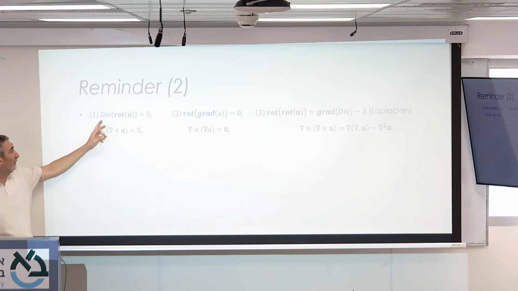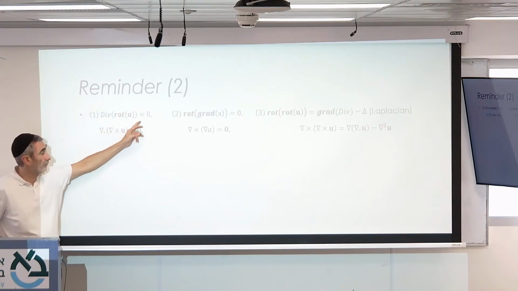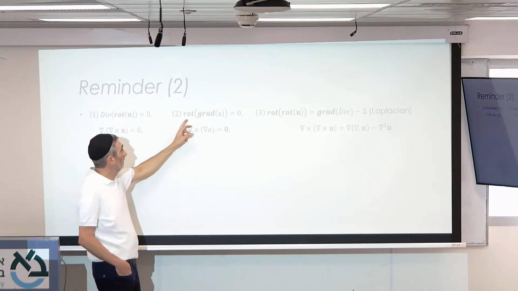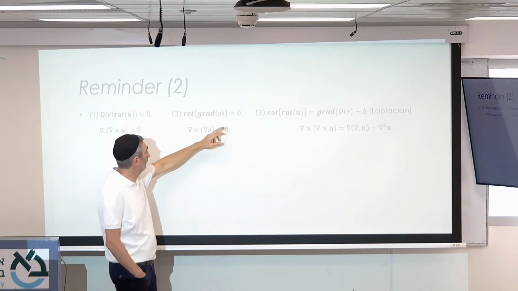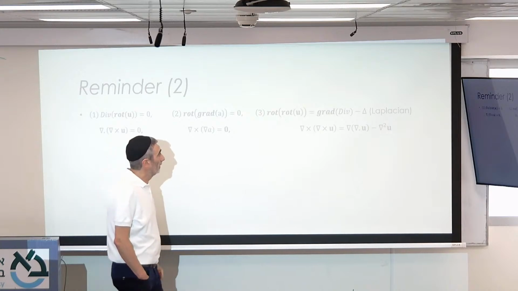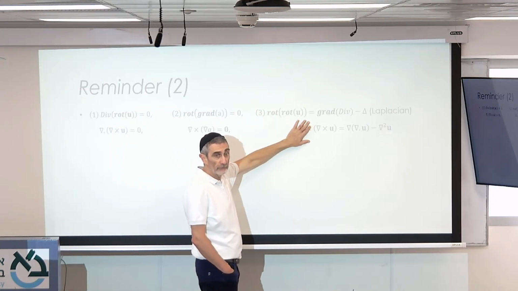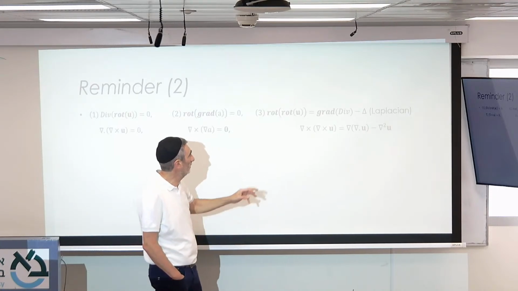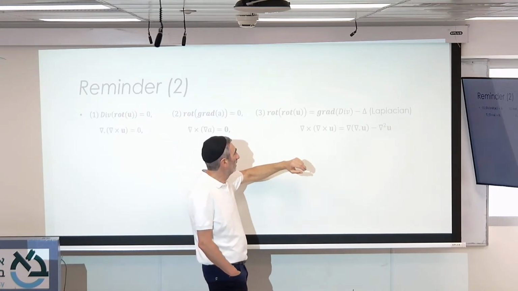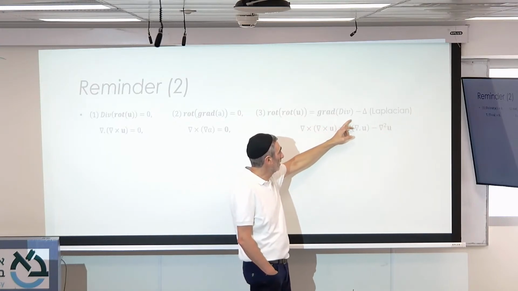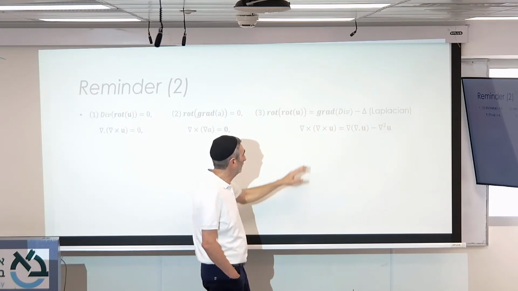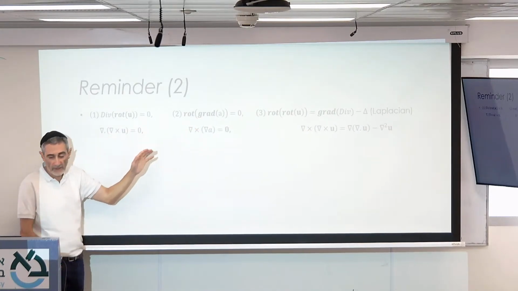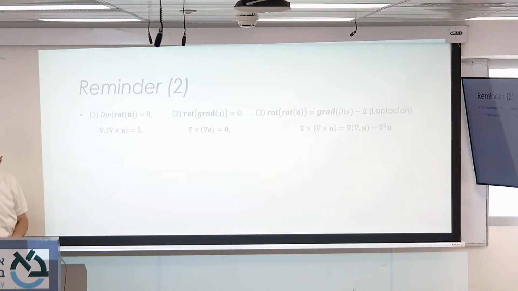The divergence of the rotational is 0, whatever u is. The rotational of the gradient is also 0. And there is a formula that is very useful when you work with the Maxwell equations and want to get to the wave equation: the rotational of the rotational is the gradient of the divergence minus the Laplacian. Just these three formulas will be useful for us.